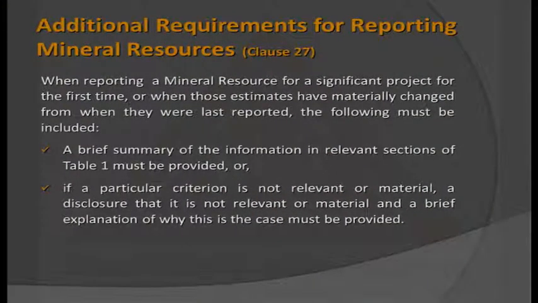So for reporting a significant project for the first time, where those estimates have changed significantly or materially, the following things must be included: a brief summary of the information from the relevant sections in Table 1, and also if a particular criteria has been omitted and isn't relevant or material, disclosure of why that is the case has to be included. So that's part of the if not, why not clauses.